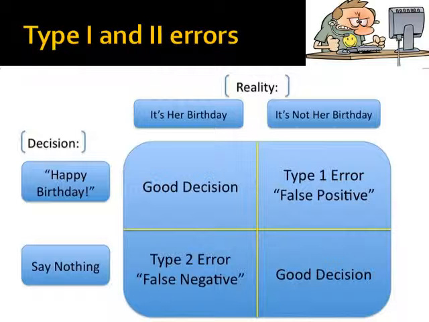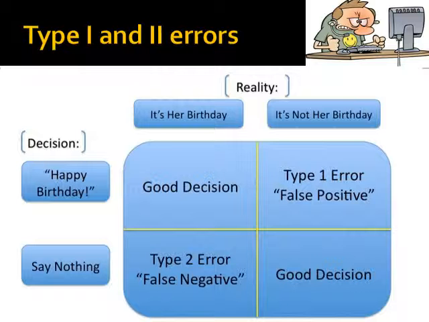So let's say that you make the decision to tell the person happy birthday and it is her birthday. Well, that's a good decision. However, if it is not her birthday, that's known as a type 1 error, a false positive if you will, because you've said it's her birthday, but it isn't actually her birthday, you are incorrect.